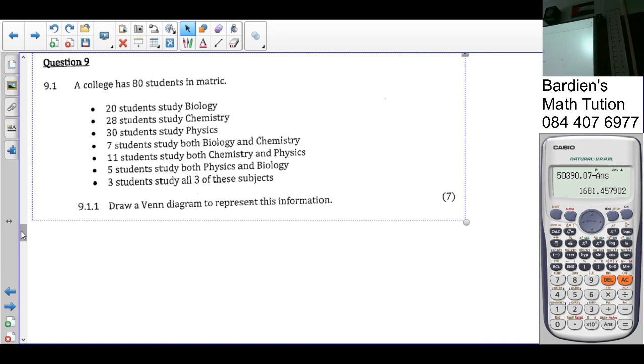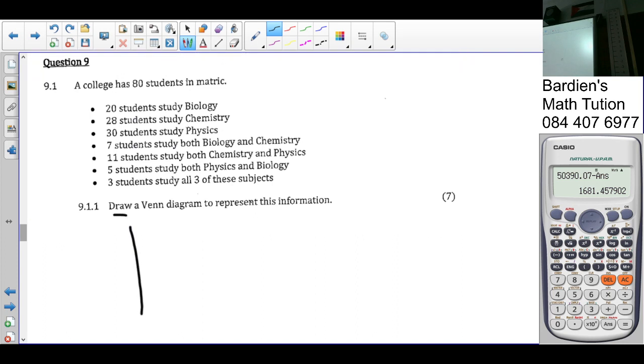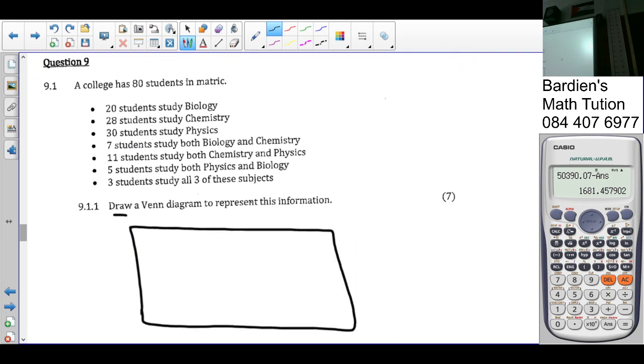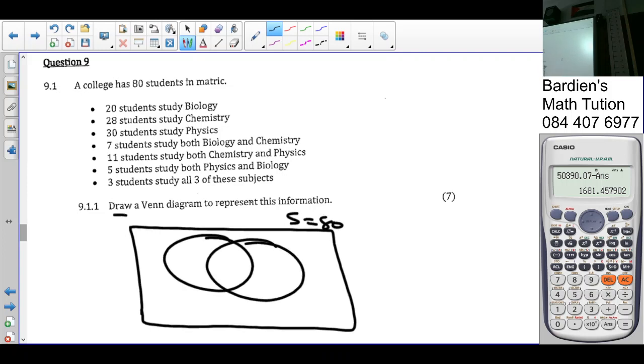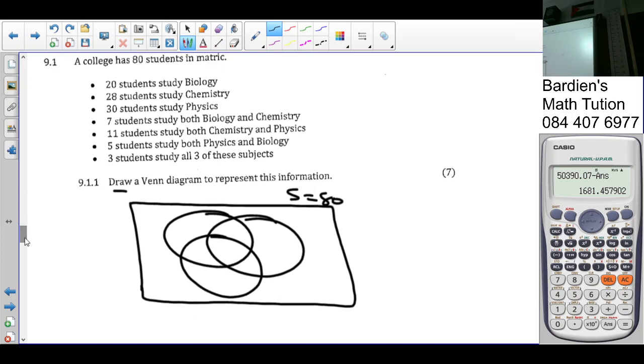My college has 80 students in matric. So, Venn diagram. As you can see, a Venn diagram is asked for there. So 80 students, so your sample space is 80. It's a 3-way Venn diagram. 20 students study biology, so biology is 20.